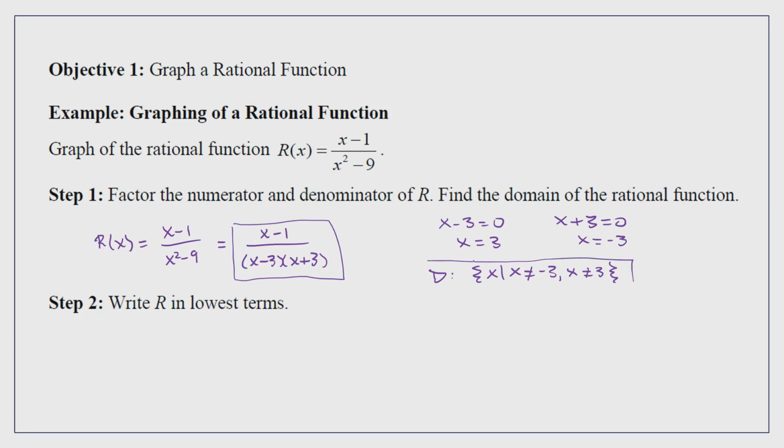If we were able to simplify r of x, we would have a common factor in the numerator and a common factor in the denominator to cancel out. Since we do not, r of x is already in lowest terms.